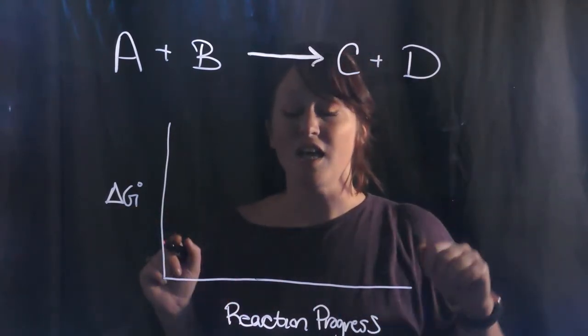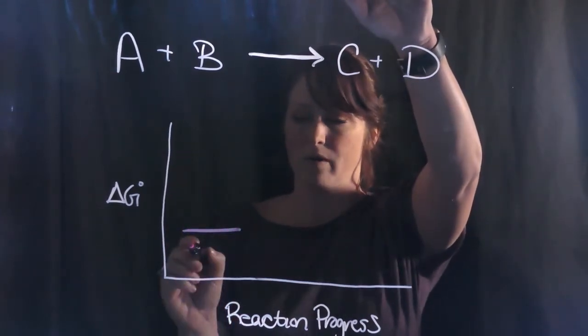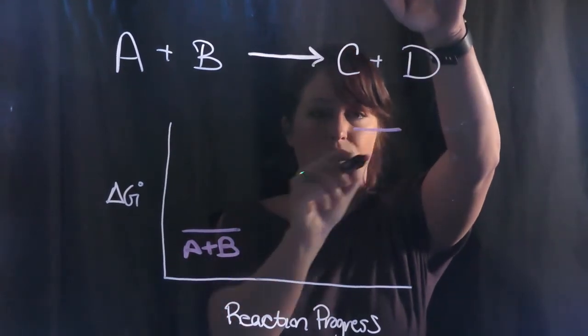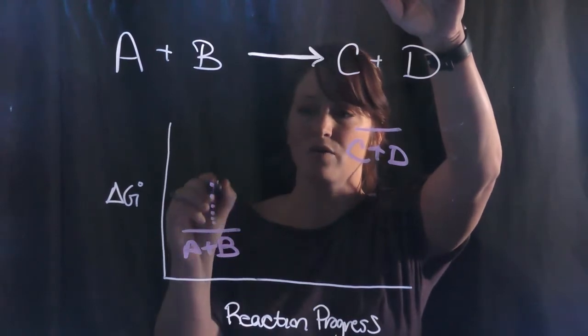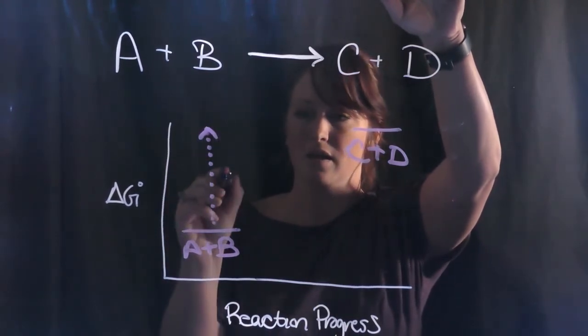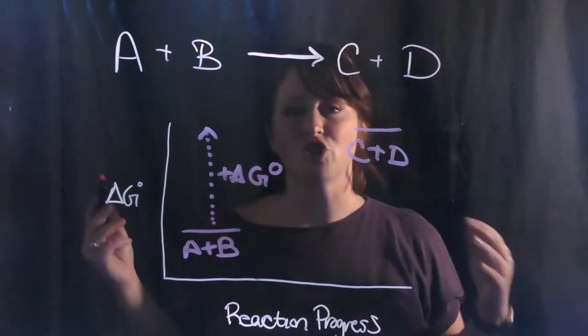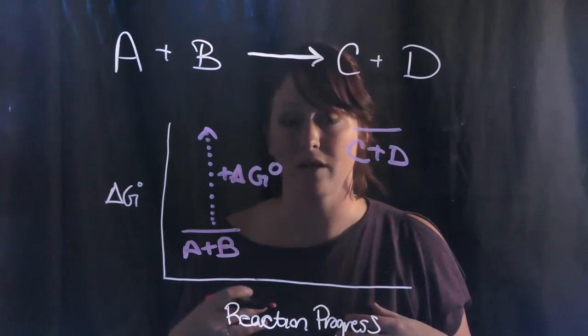However, if instead our reactants are lower in potential energy than our products, then we will have an increase in our delta G, meaning energy was brought into the system from the surroundings.